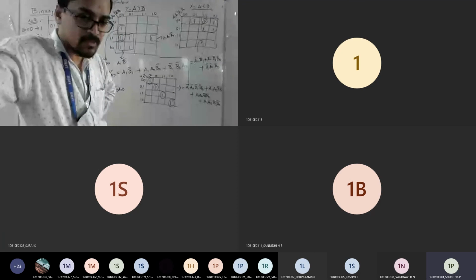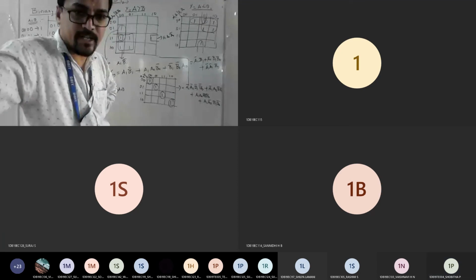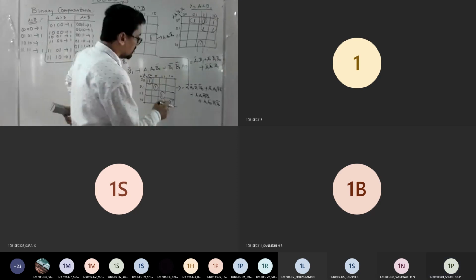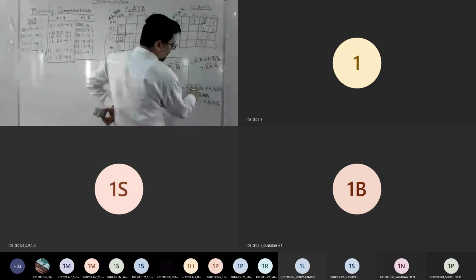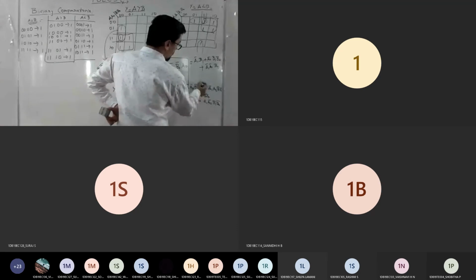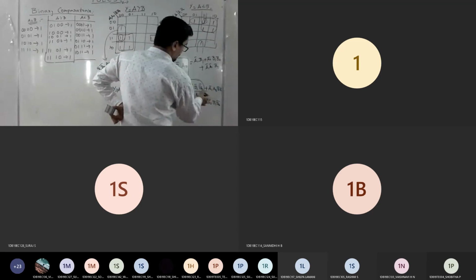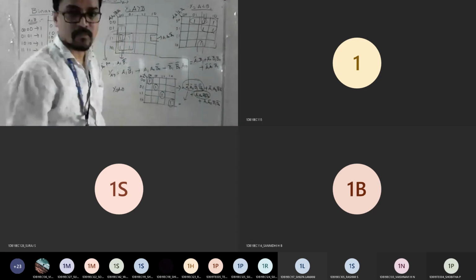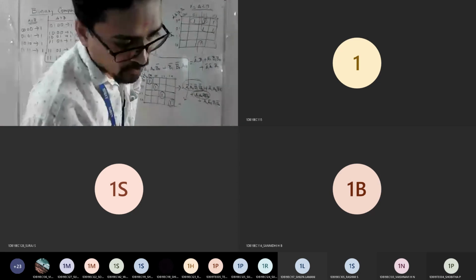So is it like an XOR gate and XOR gate combination? Look here: is it like A bar B bar plus AB? Correct or wrong? These two combinations. So is it like an XOR gate, yes or no?